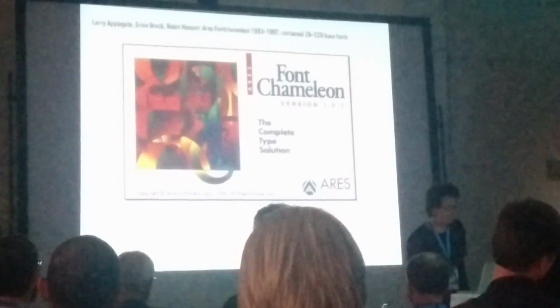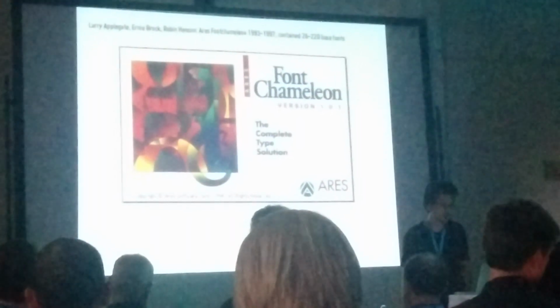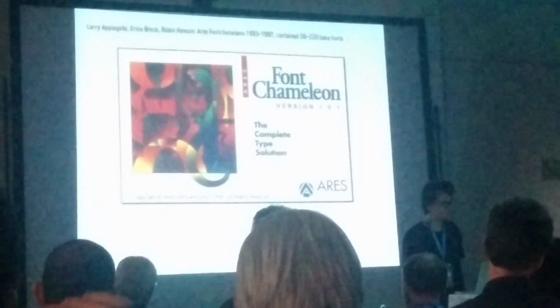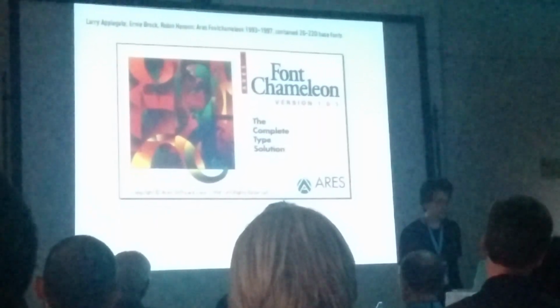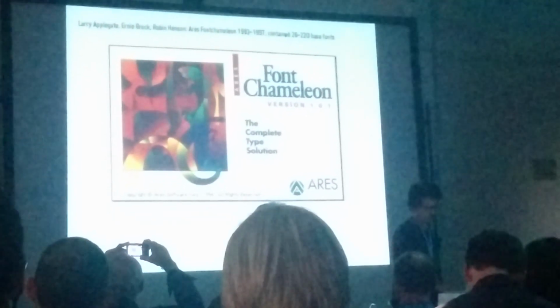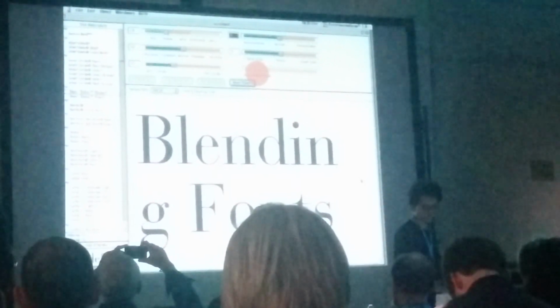The probably best known parametric system was Font Chameleon. You may have already heard of it. It was, I think, 3 versions. The first contained 26, and the last 220 base fonts. The application looks like this.